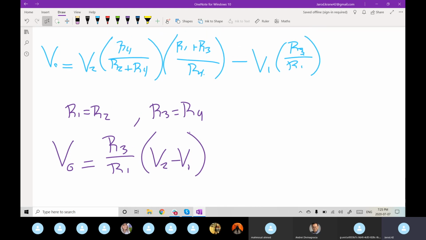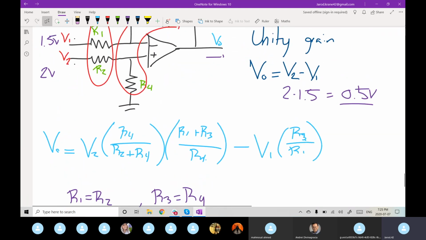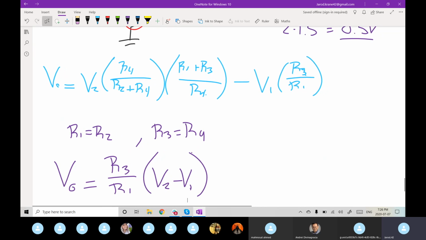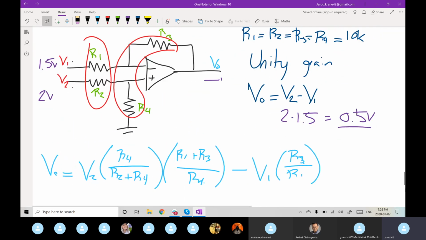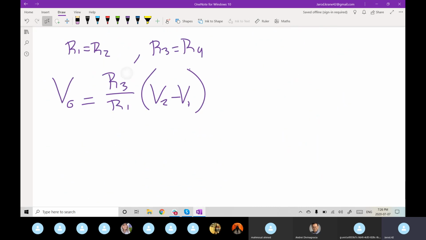So now we can see that our gain, did I write these all proper? Yeah. Our gain is now just our difference between the two voltages, now multiplied by some R3 over R1 ratio to give it a gain.